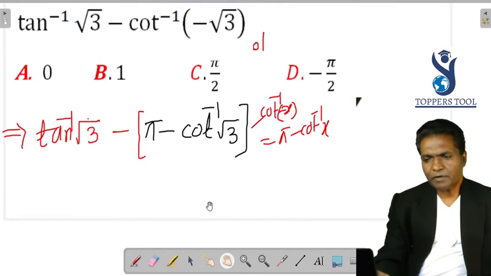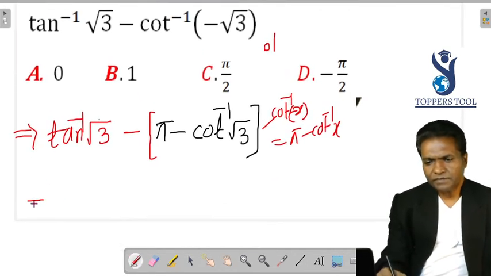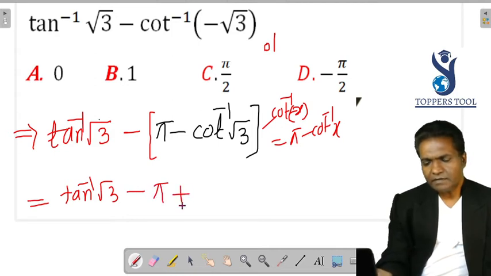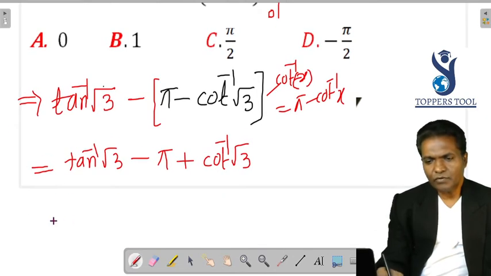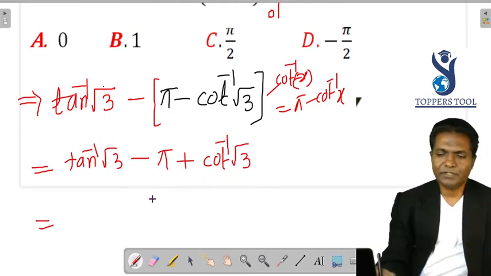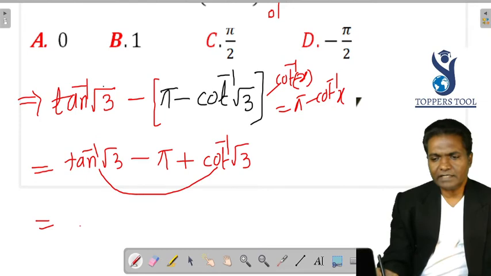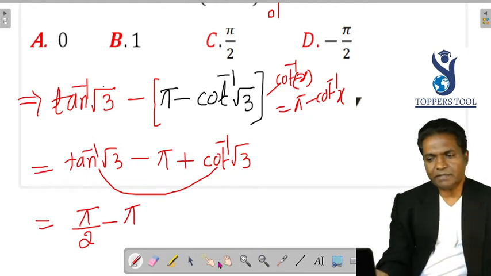So using that property, this is tan inverse of root 3 as it is, minus pi plus cot inverse of root 3. And you know that tan inverse x plus cot inverse x is pi by 2. So you can directly write it as pi by 2 minus pi.